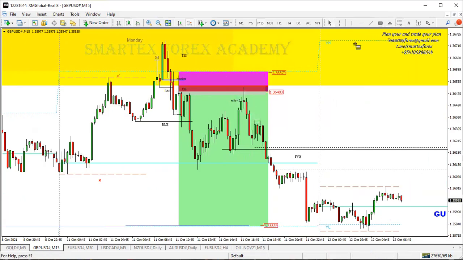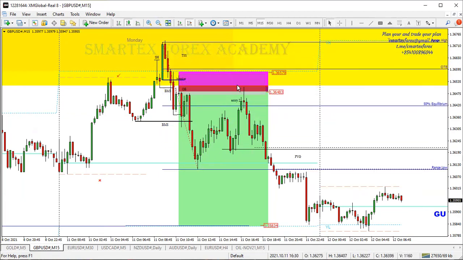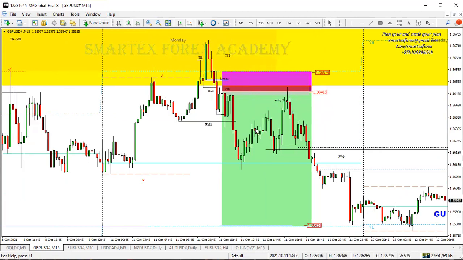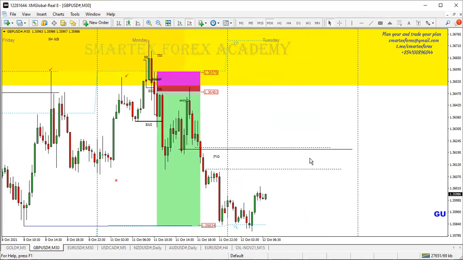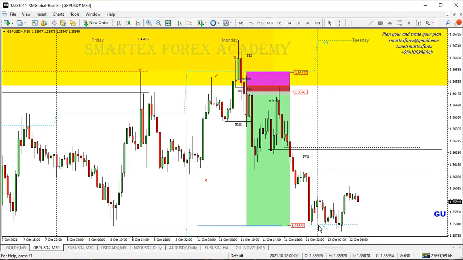Yeah, this is the New York Open OTE trade. That's when we had this entry. Target was Friday's low. That target was achieved, actually this morning.